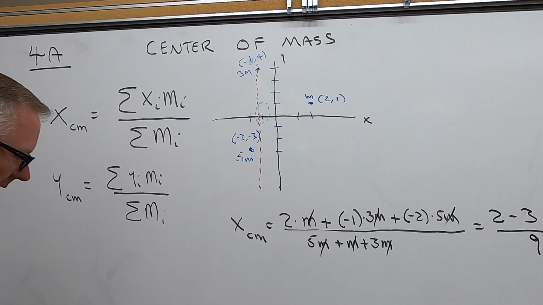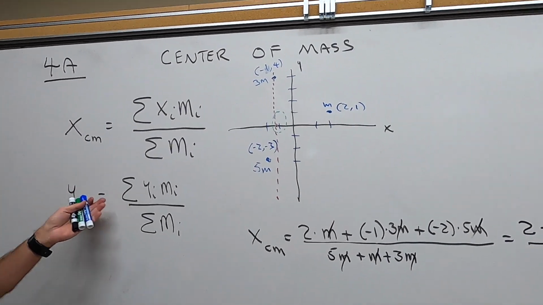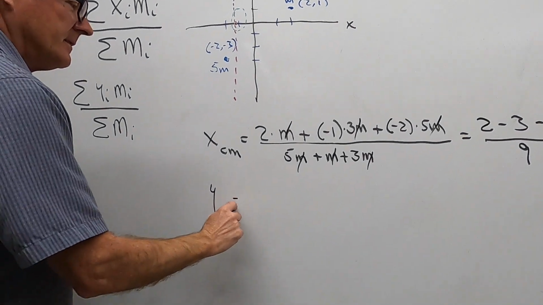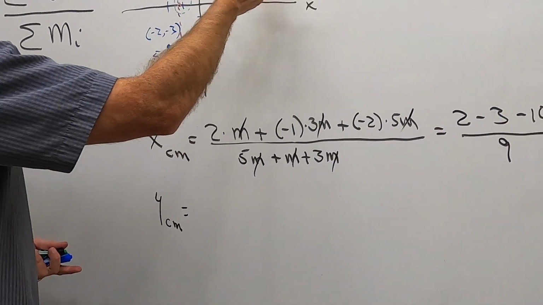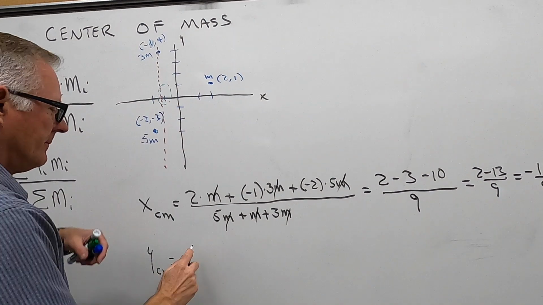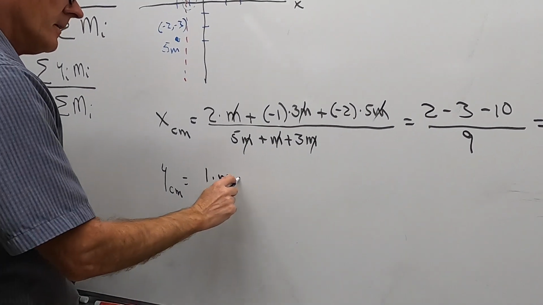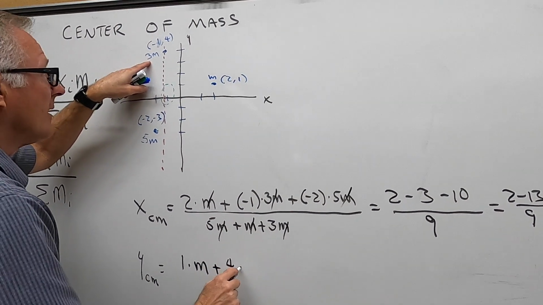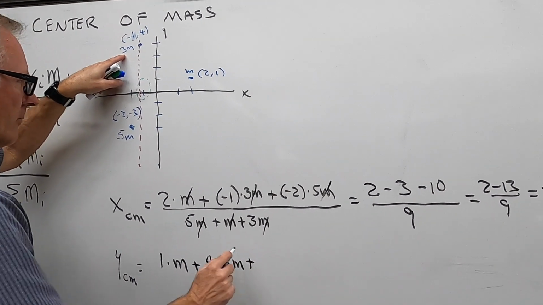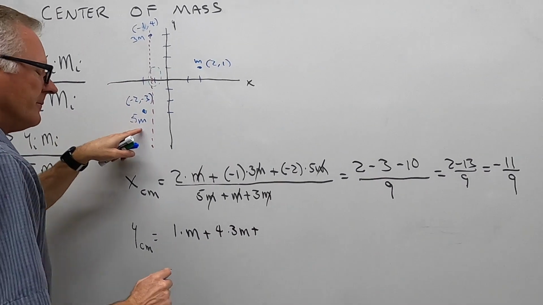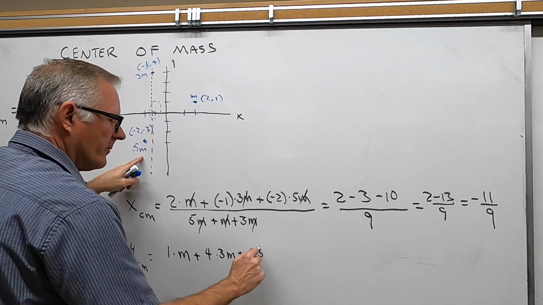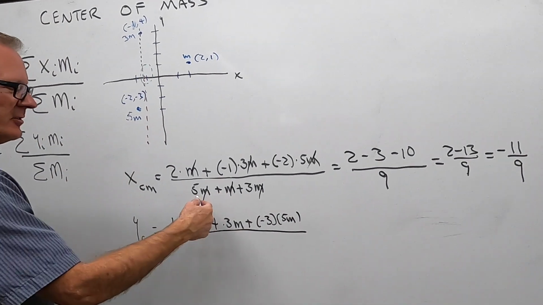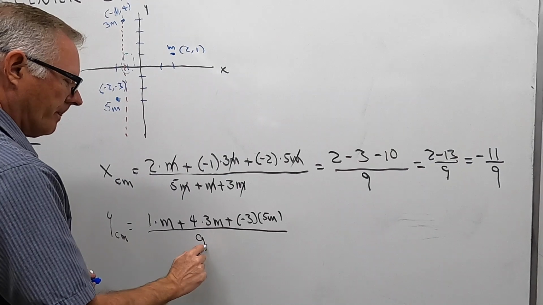Now if we wanted to get the y center of mass, we could just plug into this one right here. The y center of mass is equal to, we just do the same thing, we pick the y value. So it's 1 times m, plus 4 times 3m, plus minus 3 times 5m, divided by the sum of the masses, which we already knew was 9m.